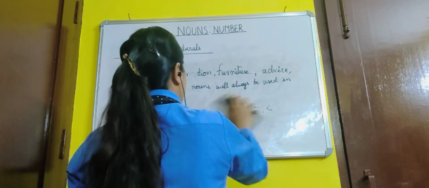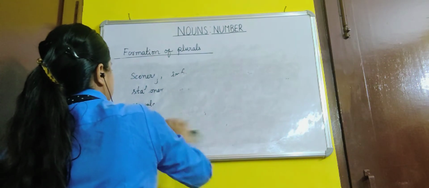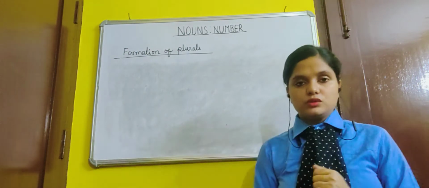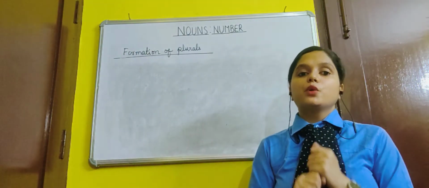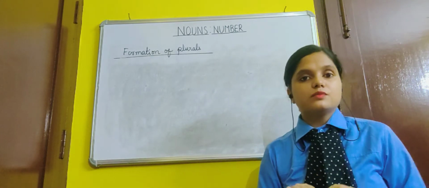Okay, there is one more, and it's very important. Only countable nouns can have plural forms. Uncountable nouns will never have a plural form.